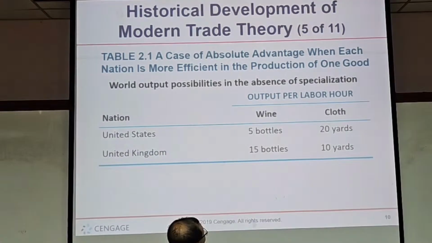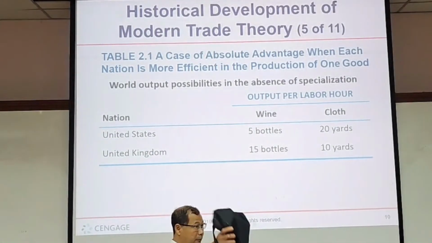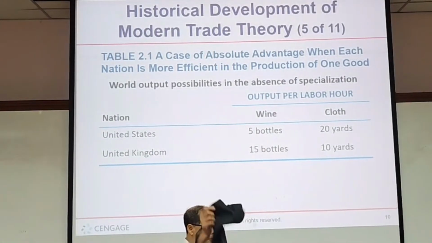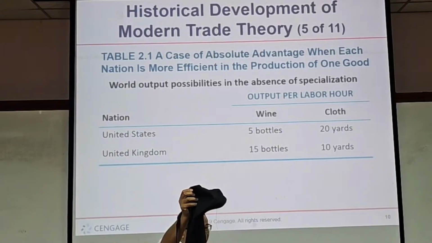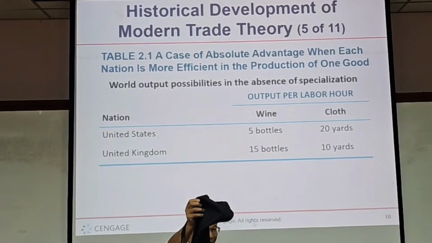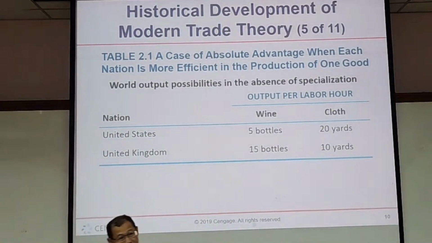There was one labor, the story of one labor, 1 hour. Now a different story, but the same meaning. The different story is one product only.